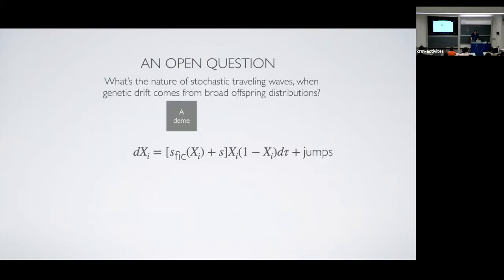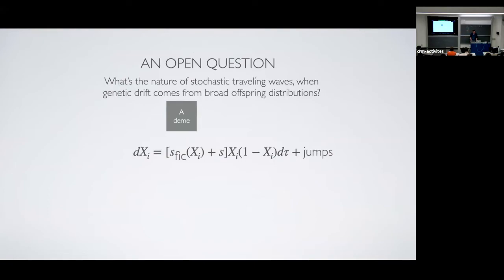I want to leave you actually with a question, and maybe one of you has an answer or is interested in discussing it with me. You can imagine, we think of a deme here. We have a certain population here in which the dynamics is controlled by a broad offspring distribution. So imagine this is the dynamics we expect for alpha equal to 1 happening in this deme.